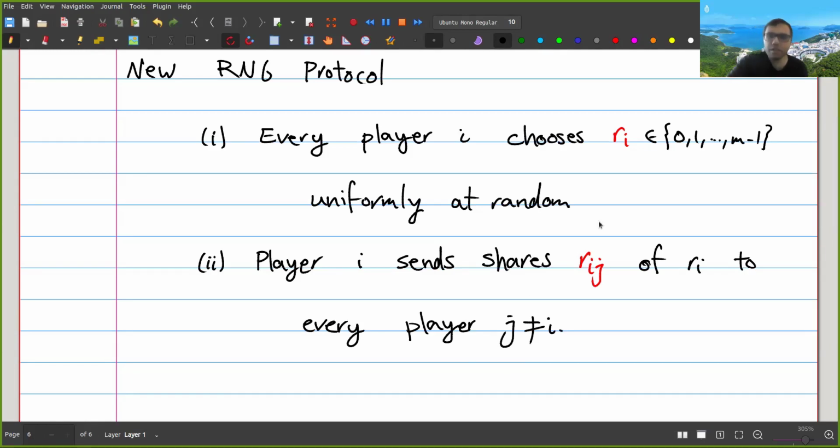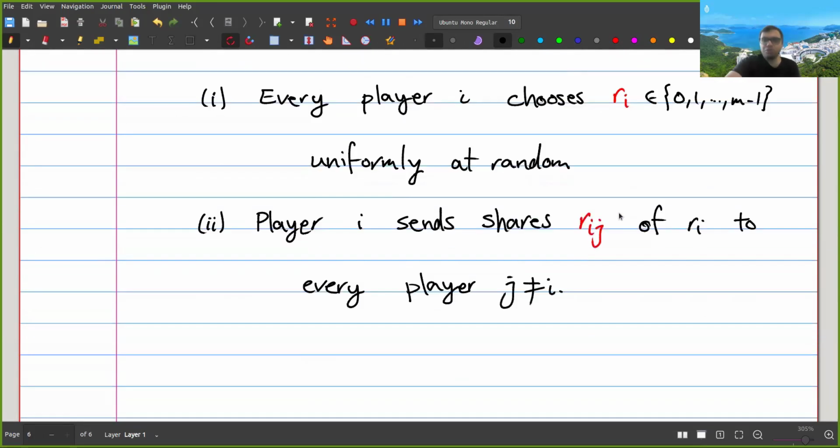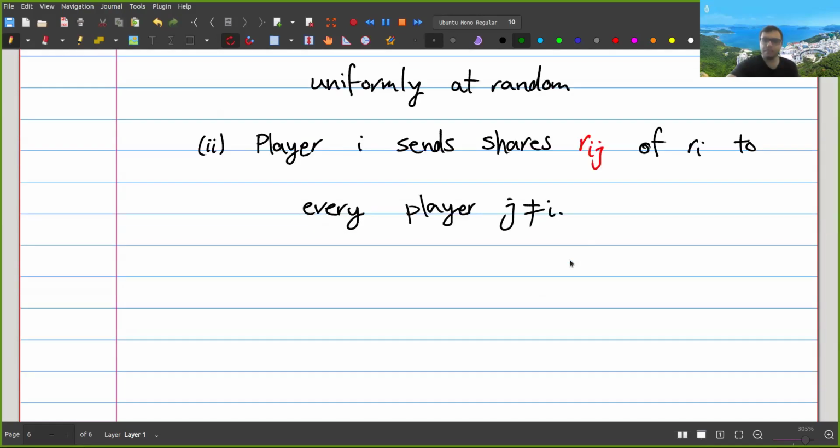And I have to, of course, also choose a t, because t was, remember, the degree of the polynomial there. So basically, the idea here is that if player I does not reveal, then any t of the other players can come together and they can reconstruct player I's random number Ri using the shares that they have, the Rij's that they have.